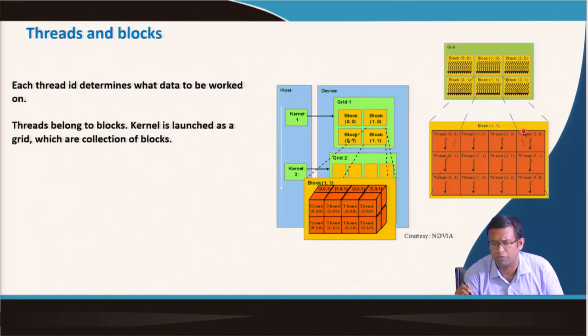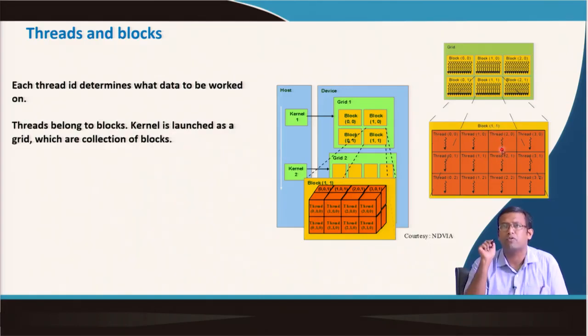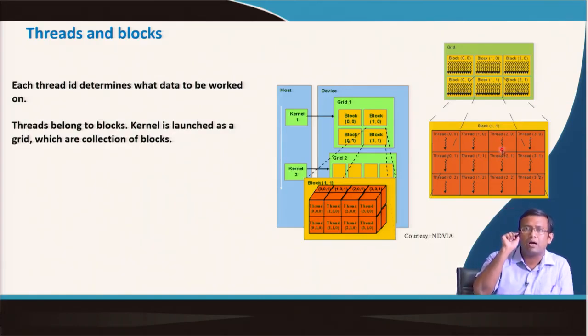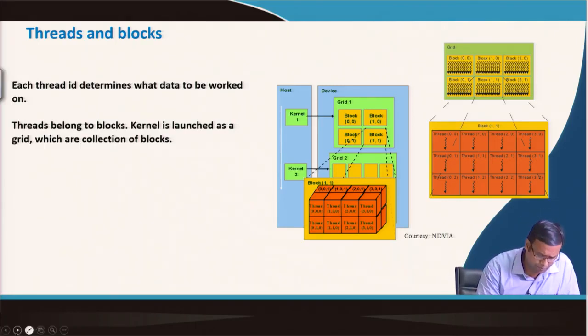We can specify how many dimensions, and each thread is identified by its coordinate inside the block, and each block is identified by its coordinate inside the grid. Therefore, from the block coordinate and grid coordinate, we can identify the pointer to that thread, and that pointer can be related to the data on which it is operating, and that is called thread algebra.